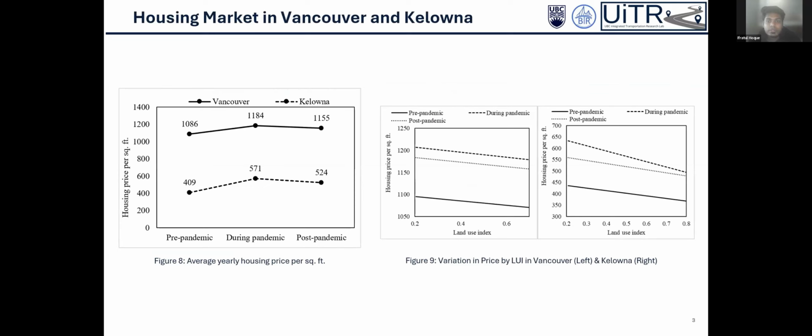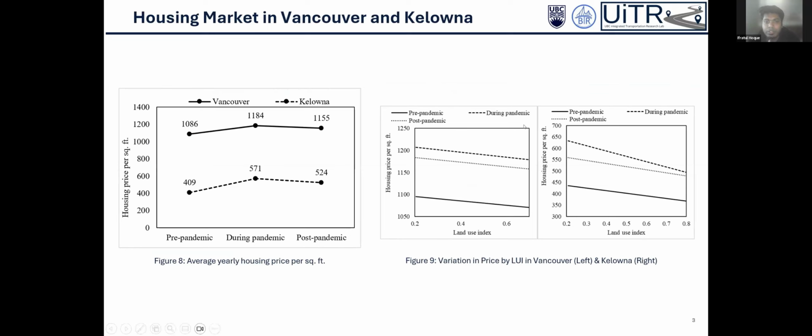So this is just to give a context of how the housing market is different in both these places and in different time periods. On the left, we see the average yearly housing price per square foot. Pre-pandemic, during pandemic, and post-pandemic, the trend seems to be similar, but the price ranges are quite different.